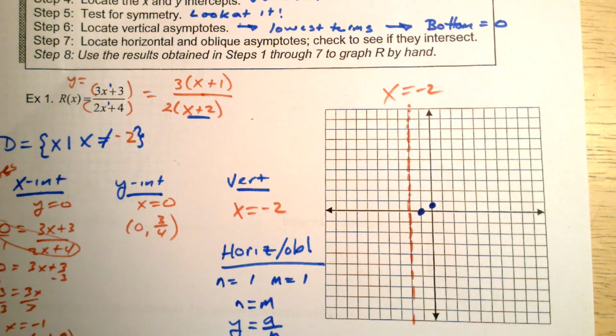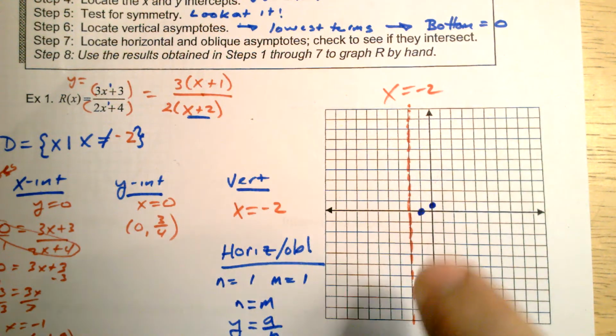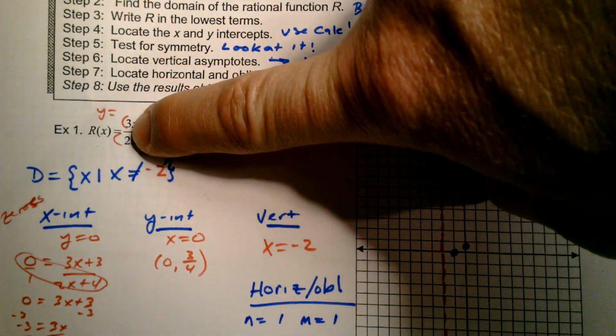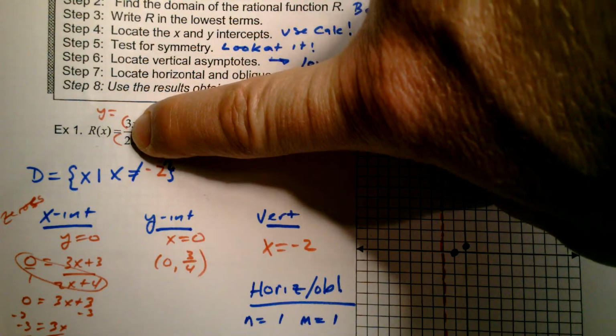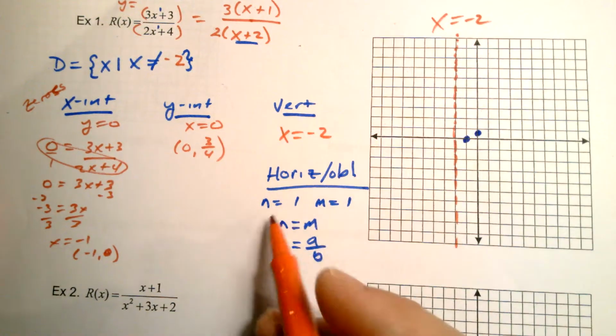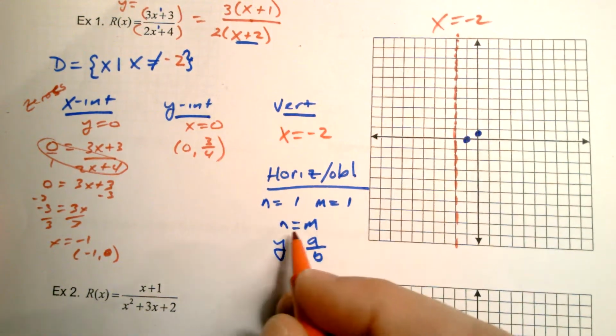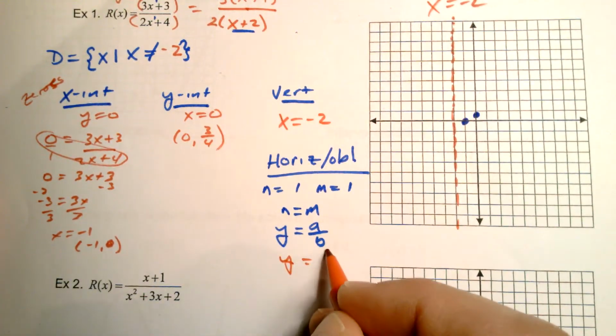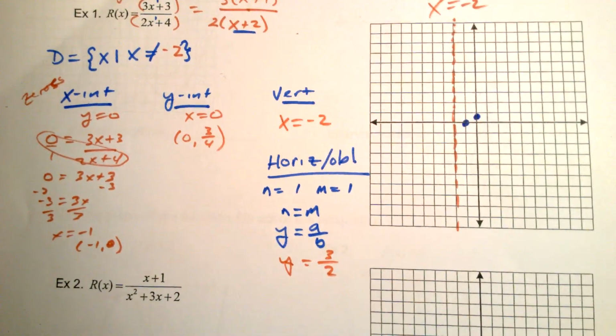Okay. Well, what does that mean? Well, just the leading coefficients. So basically cover up everything, and it's the first two numbers. So n is equal to 1, m is equal to 1, n is equal to m. So it's y equals, again, 3 over 2, or 1.5 if you like having a decimal.